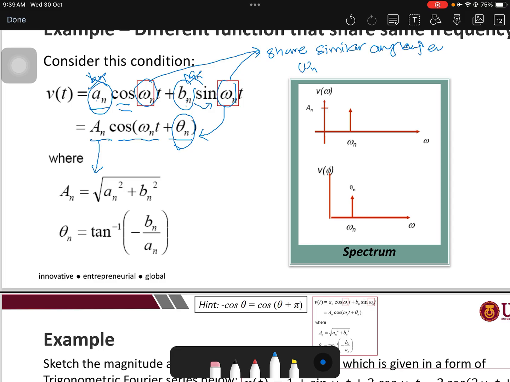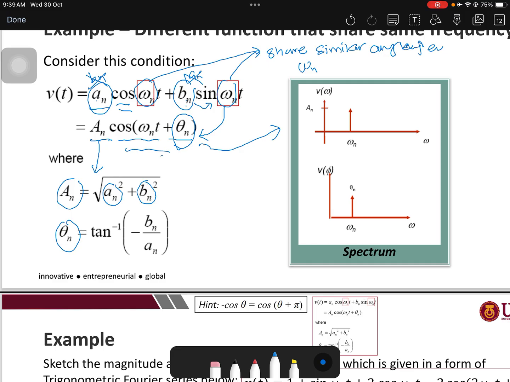Theta n is the inverse tangent of negative bn over an. Finally, you can convert the sharing angular frequency of the cos and the sine into a single cos. So this is the formula.